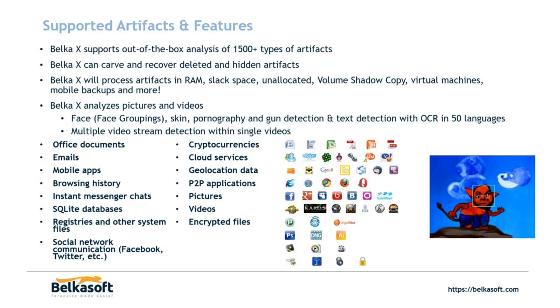information as well. When it comes to Belkasoft analyzing pictures and videos, we do have picture analysis for face, and you can group the faces into folders: skin detection, pornography detection, gun detection, and text detection. With text detection, it utilizes OCR in 50 different languages. And then there is multiple video stream detection within single videos.